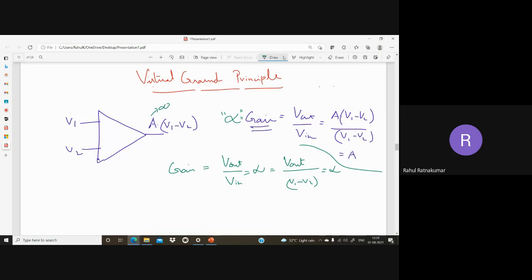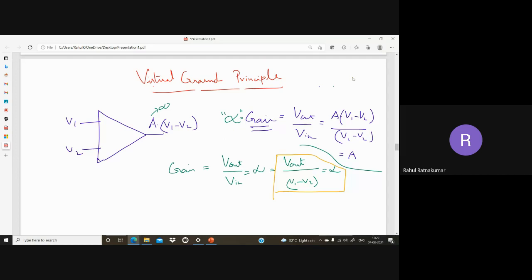Now just consider this expression which I have written here. What is the inference from this? If something should be infinity, that is a very high value, either the numerator should be very high or the denominator should be 0.